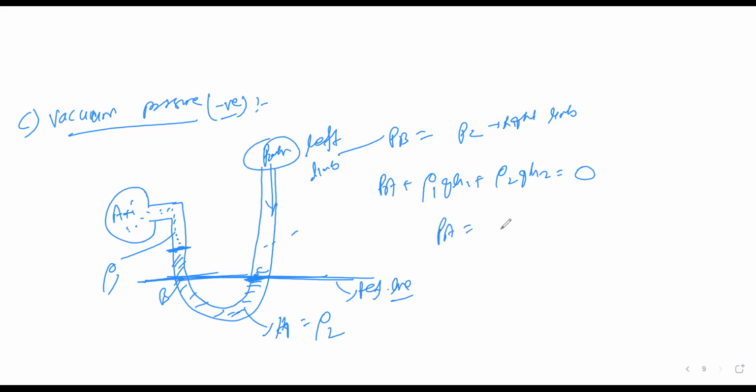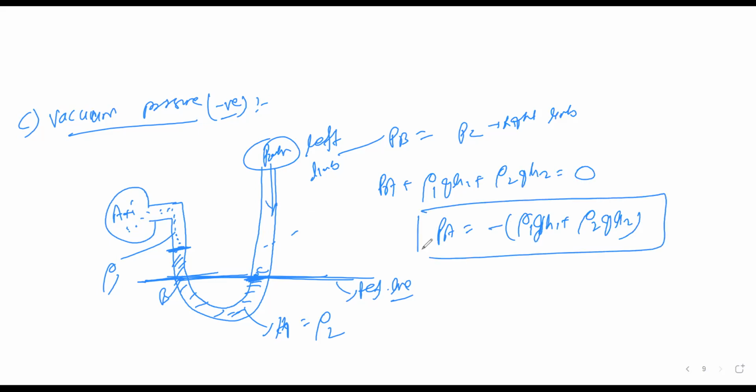So PA will be equal to minus of ρ1G H1 plus ρ2G H2. Negative. That negative indicates vacuum pressure. I'll continue that after that.